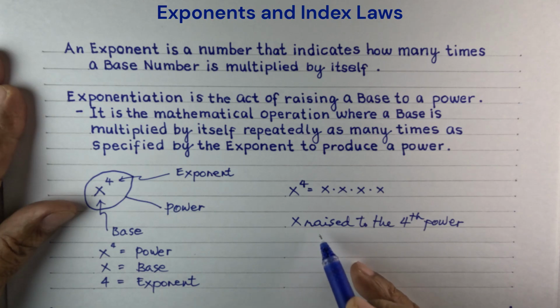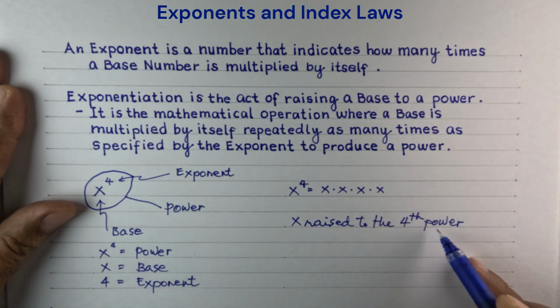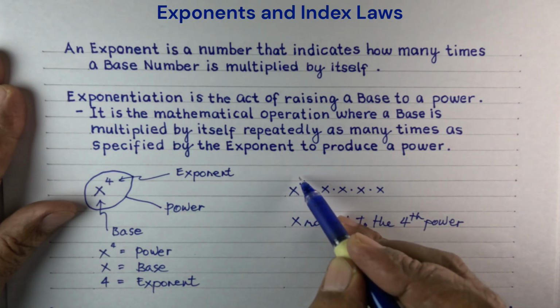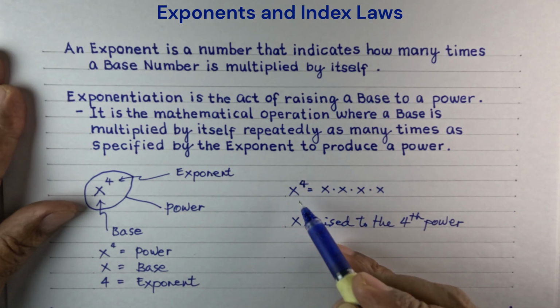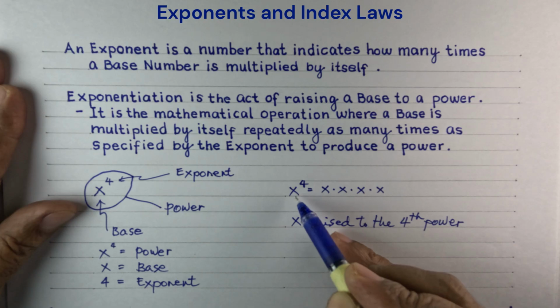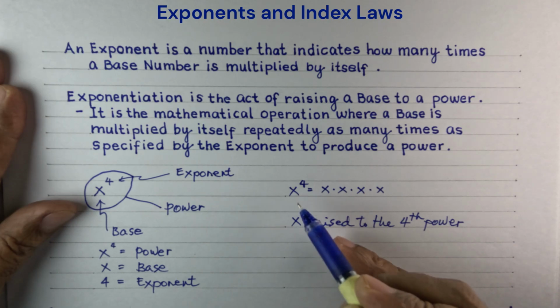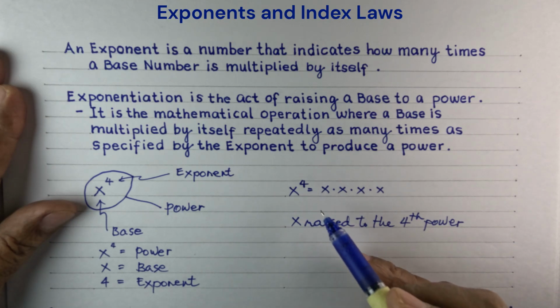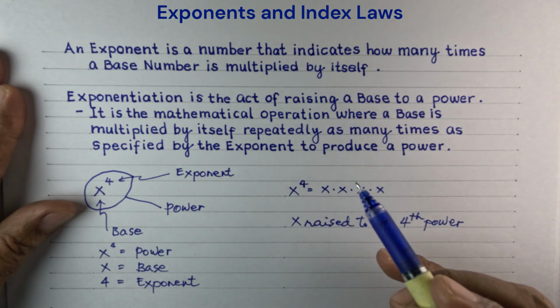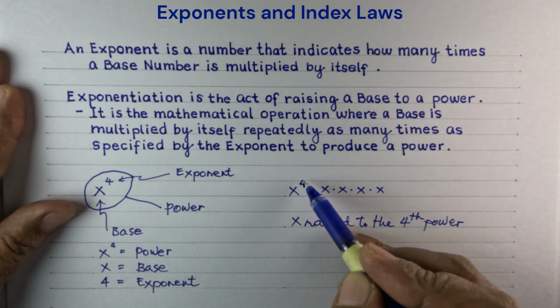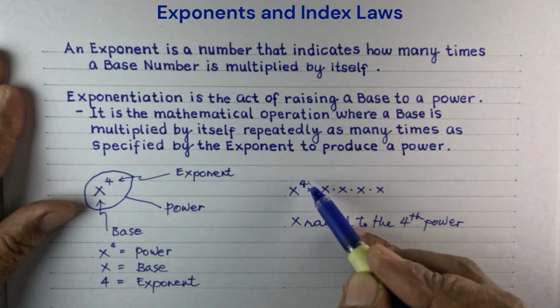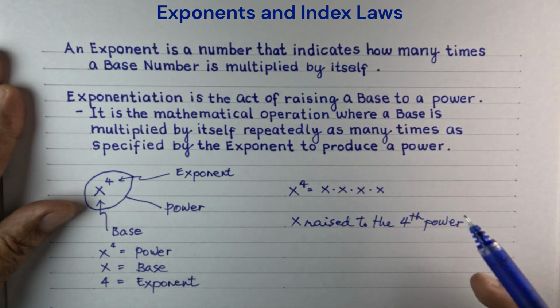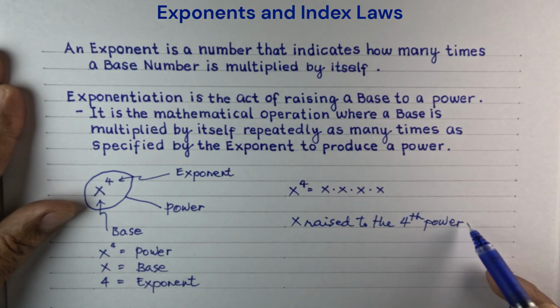Now, x raised to the fourth power is a descriptive way of naming this expression because it implies that the base x is to undergo an exponentiation operation as indicated by the exponent resulting in a power.